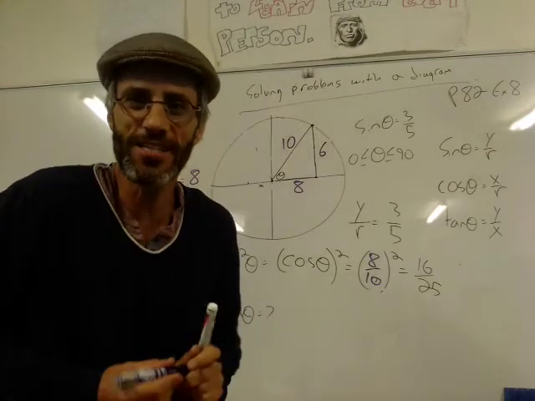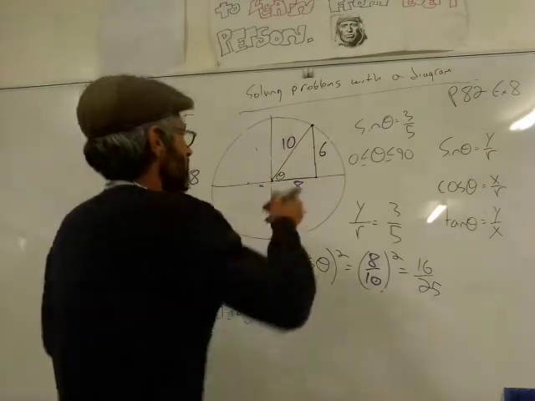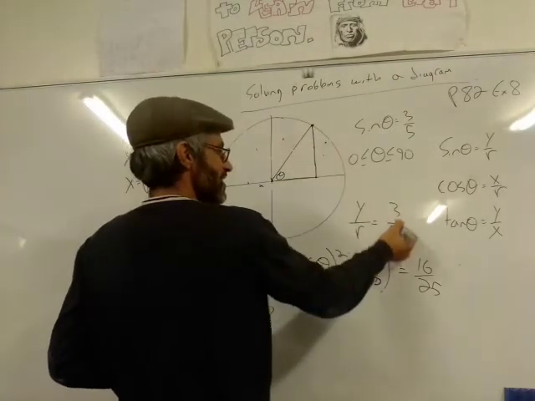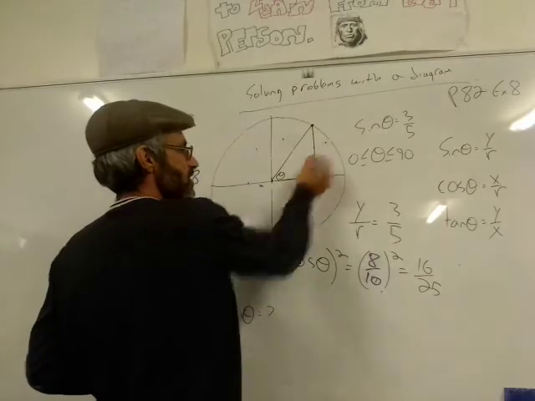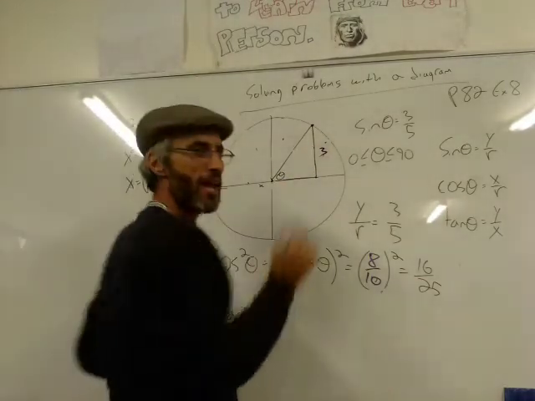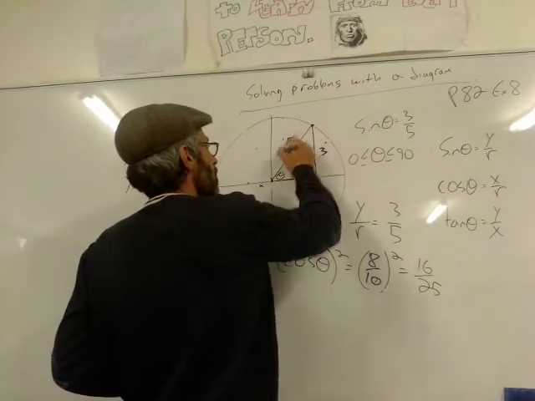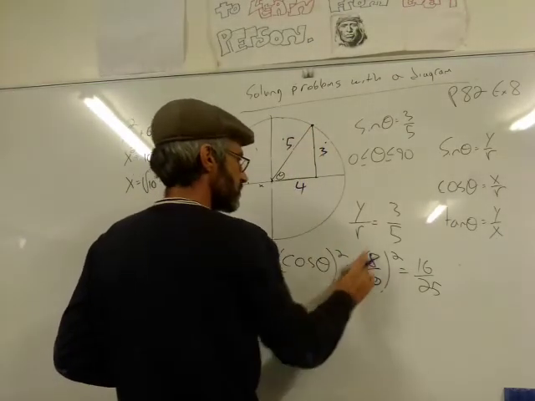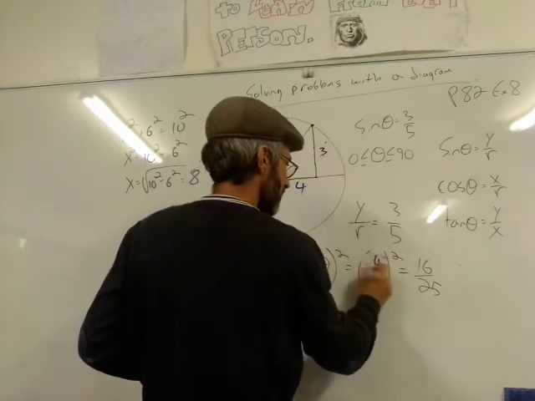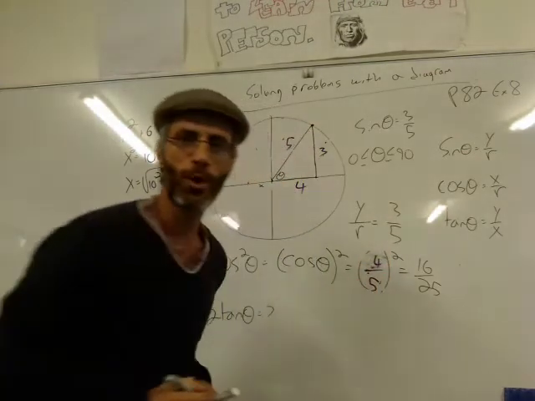So what we're trying to say here is, okay, I'll just change everything again. Okay, if y over r is 3 over 5, let's call y 3. Then therefore, r is supposed to be 5. And this is 4, and everything is going back to normal. Okay? We're all right with that.